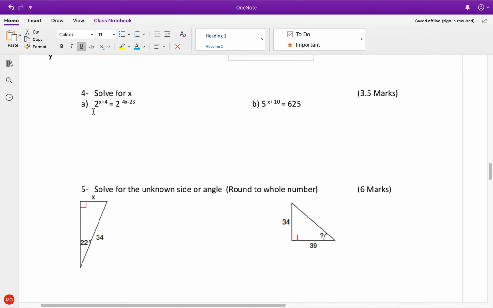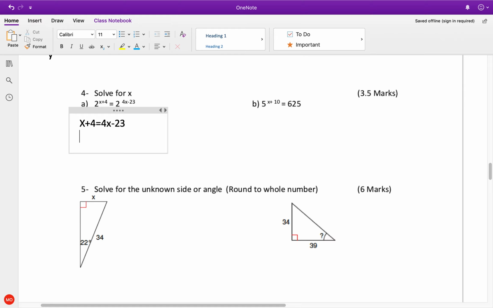Now here, we have to solve for the x. We have similar bases, so we can just get rid of the bases. So we end up with x plus 4 equals 4x minus 23. And then we're just rearranging.